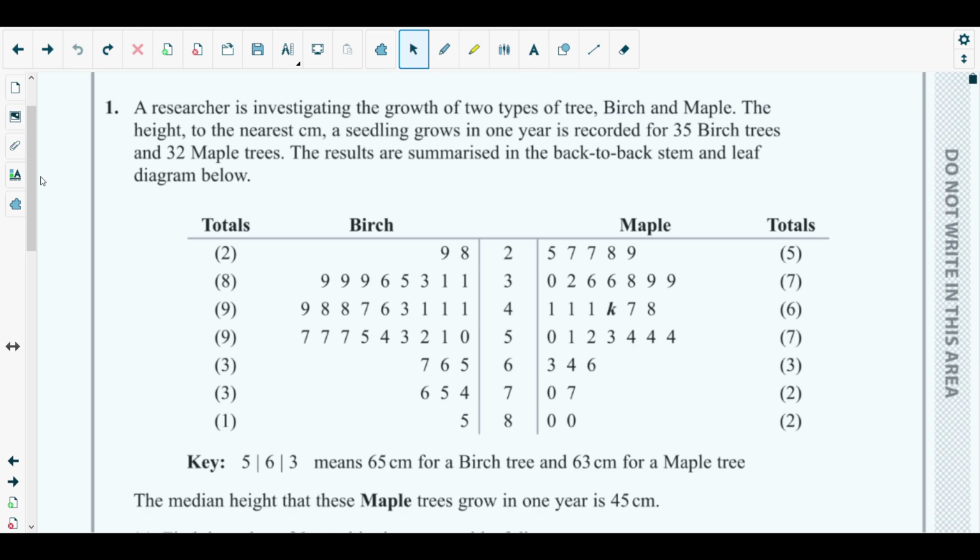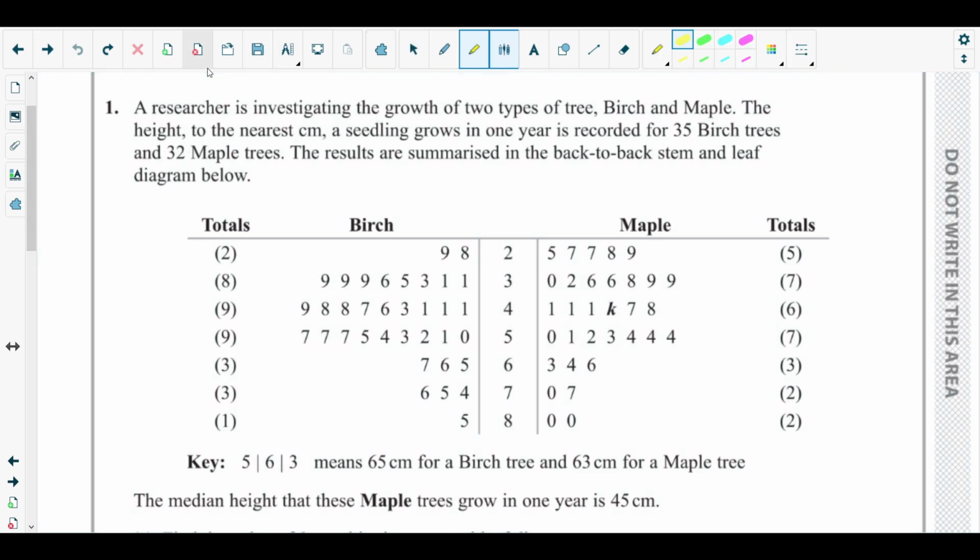Chapter 2 is measures of location and spread of your Statistics S1 book, and chapter 3 is representation of data. In order to solve this question, you should have solved questions from chapter 2 and chapter 3 of your S1 textbook. So let's get started with the first question of the May 2024 paper.